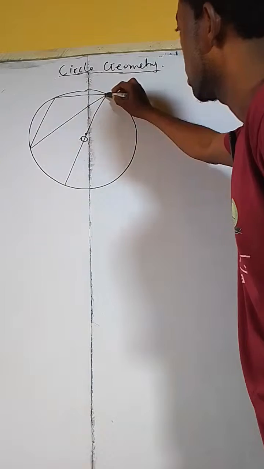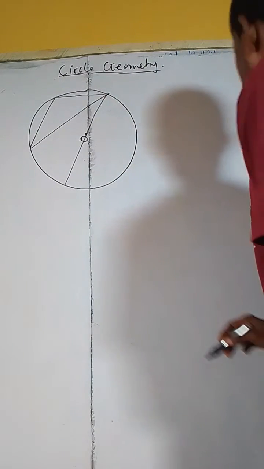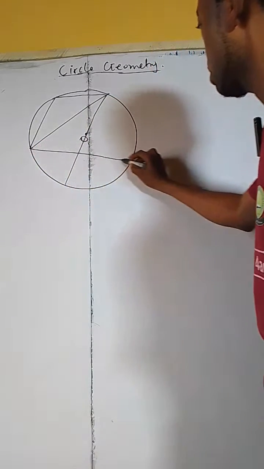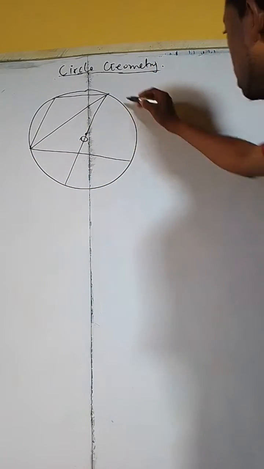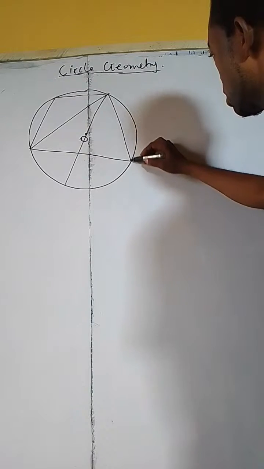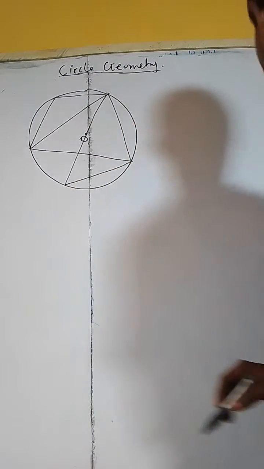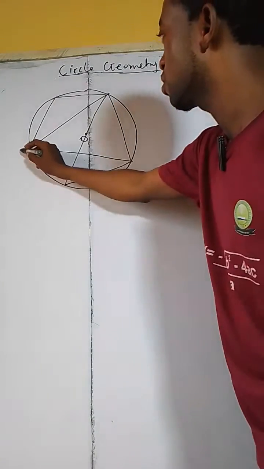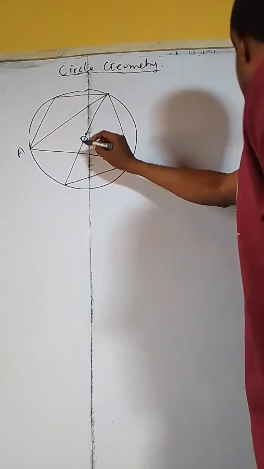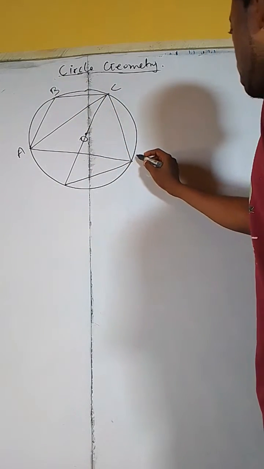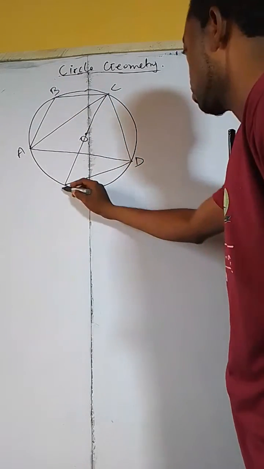Then this line is drawn towards here and joined together with this, and it's used to form an angle with this. So here is labeled as A, B, C, then we have D, E here.